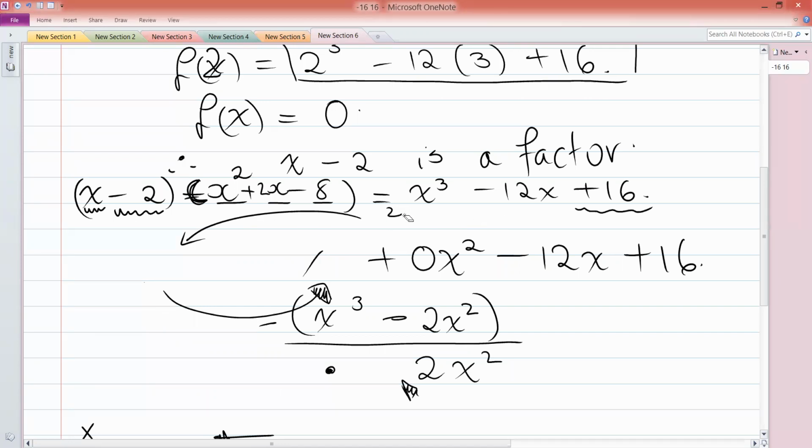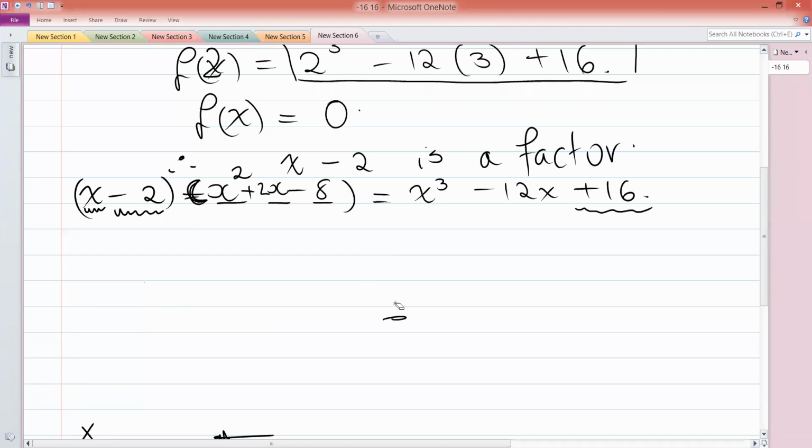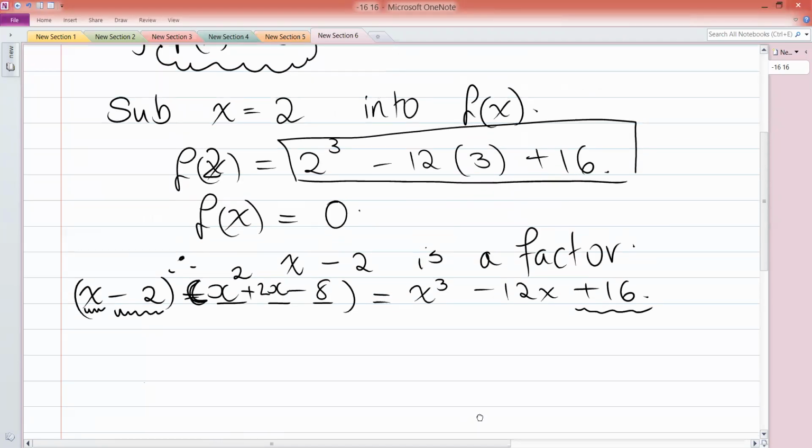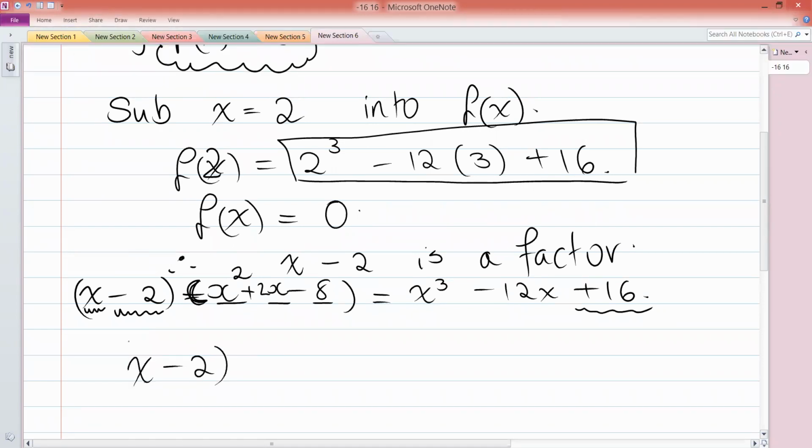So let's see. Now we've done the division. We've got this. What was the second question? Oh, factorize f of x completely. So we haven't fully factorized it because we're now at the point where you have x minus 2 with the x squared plus 2x minus 8.